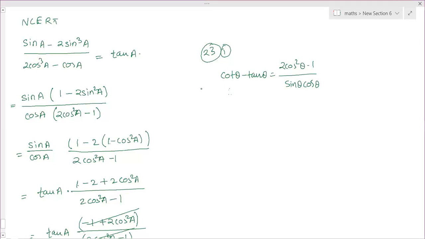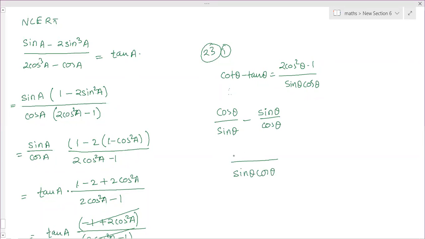Mom, the cot will be cos theta by sin theta. Then minus tan theta will be minus sin theta by cos theta. Then LCM is sin theta cos theta.